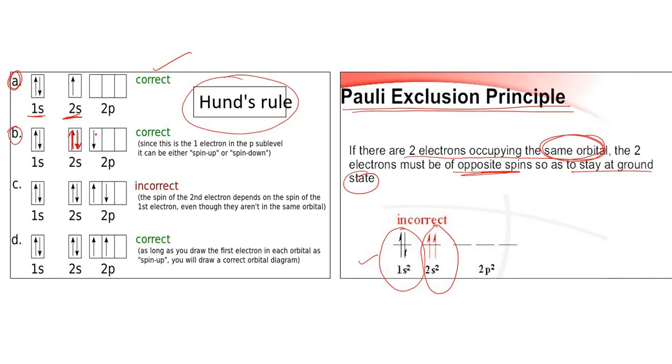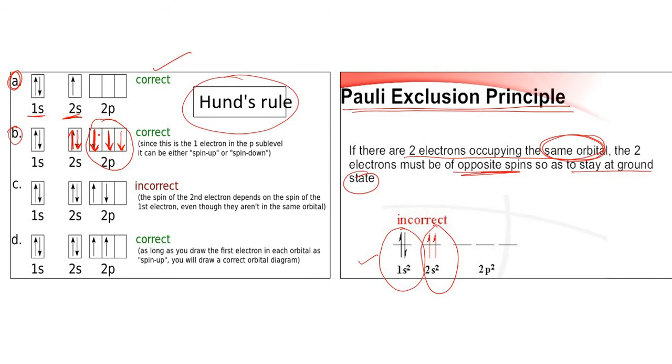The next one can be either downward spin or upward spin. If this is a downward spin, then the next one also should be a downward spin only, and then again the same, downward spin only. Now this is completely half filled, where all three electrons have their spin downwards.